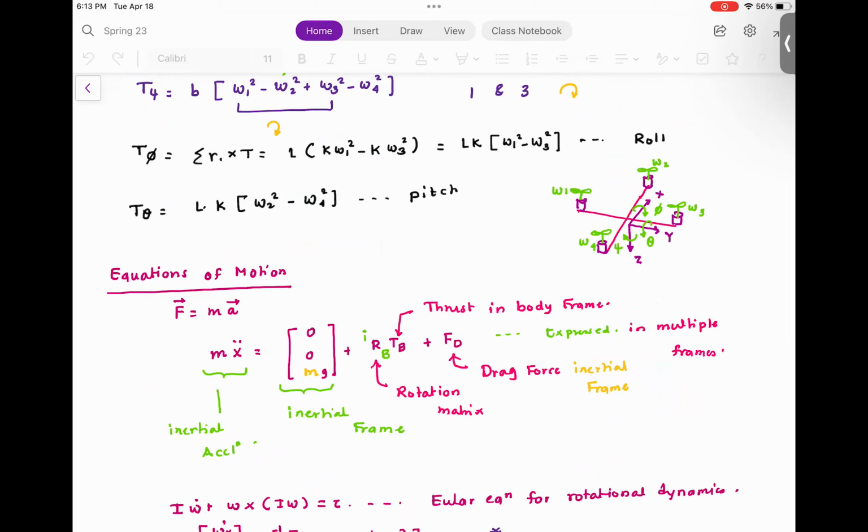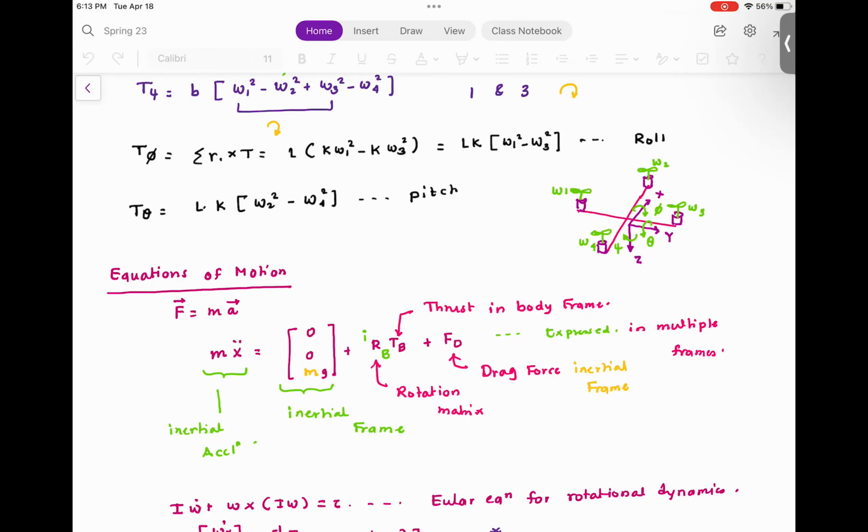Props are attached to the body, so the thrust is given in the body frame. That thrust needs to be transferred to the inertial frame. So that's why you have IRB, which transfers the thrust in the body frame to the inertial frame. And then you have the drag force, and this drag force is in the inertial frame. So you have this equation, the translational equation of motion, in the inertial frame.